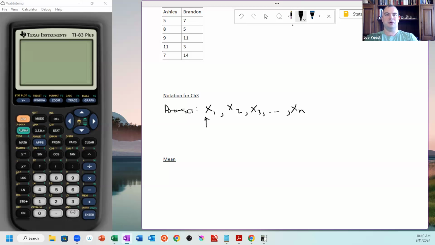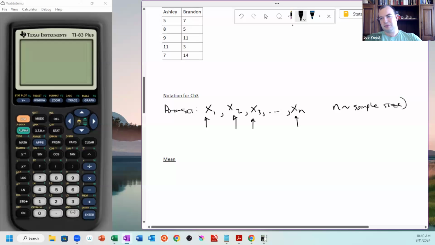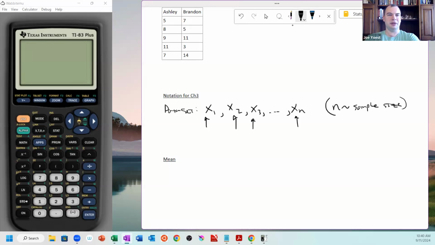This is the first data point, so the first person whose height I measure. This is the second person whose height I measure, the third person, out through n. So when we use n in statistics, that letter is usually trademarked for sample size. Almost all the time. If it's not being used for sample size, that ought to be made very clear from the context. But if I see an n, I'm thinking sample size when I'm in statistics.